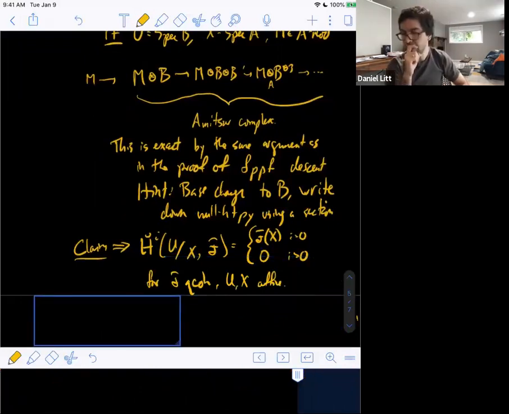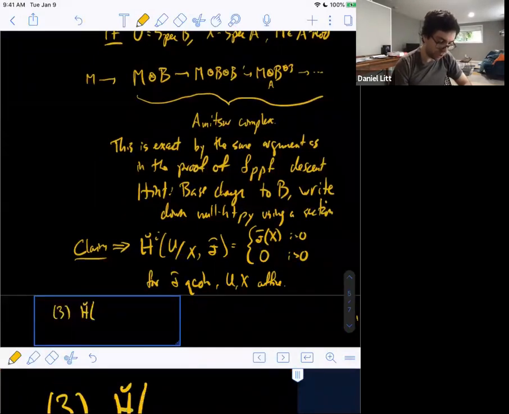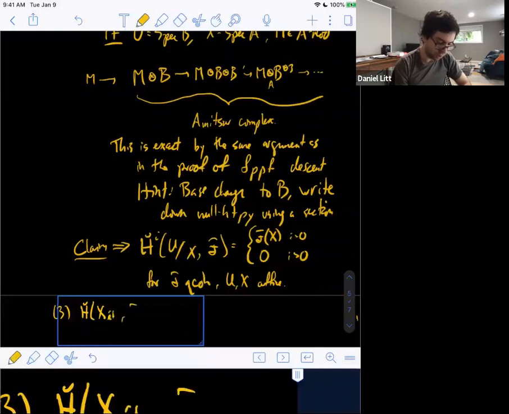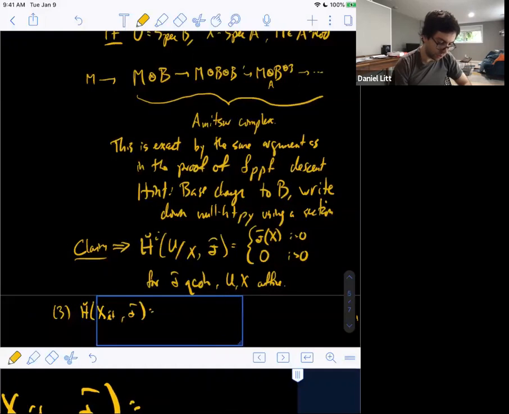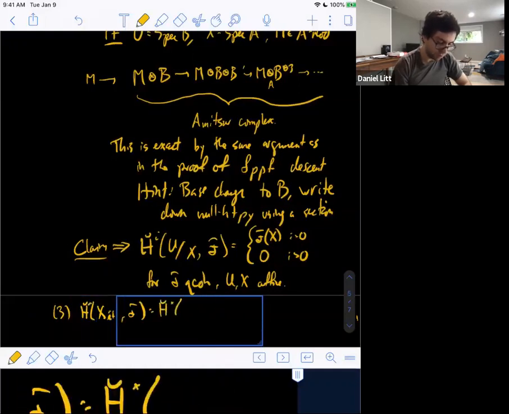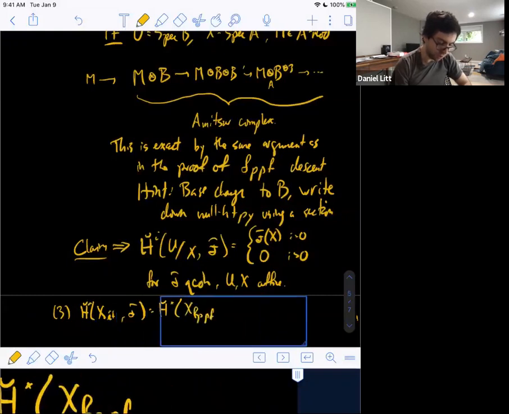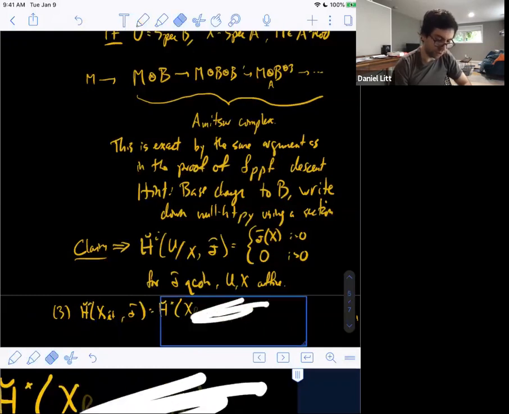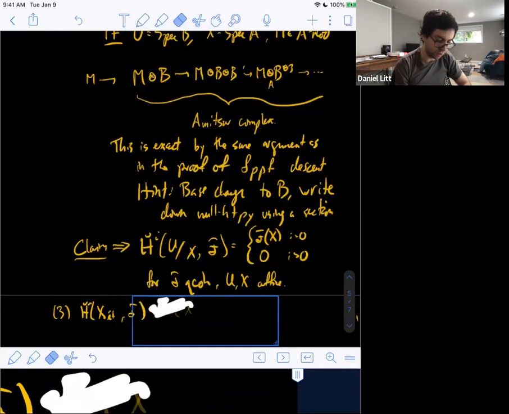Okay. So now, 3. Now I claim that the Čech cohomology of, let's say, the étale site of F is the same as the Čech cohomology of the FPPF site of F. Well, I haven't said what Čech cohomology is, so let me just say on the étale site.